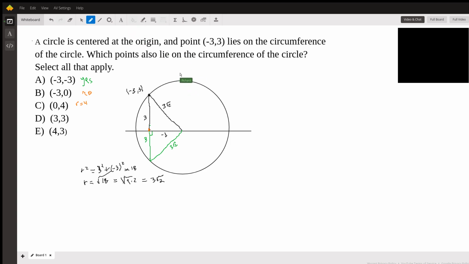Okay, let me put that axis back in there. Change colors, sorry about this.